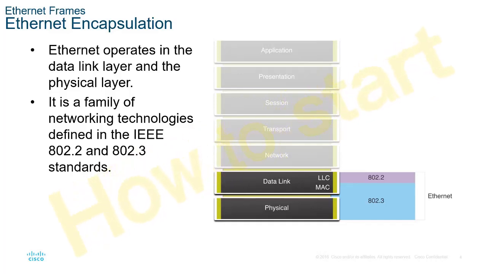Part of layer 2, the data link layer, it's broken up into two subcategories, LLC and MAC. Important is it uses the IEEE code 802.2 for the LLC, and it uses 802.3, that's the main focus point for Ethernet, for the MAC sublayer and the physical layer.